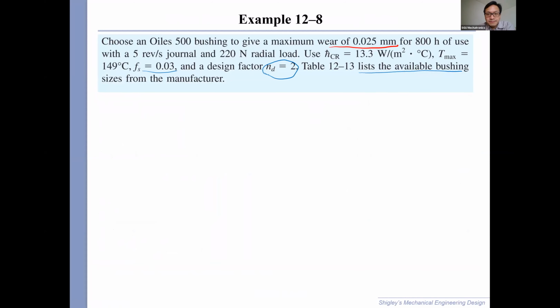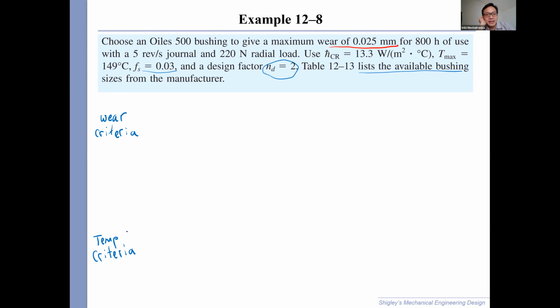So back to the problem, we're going to have two criteria when we select the design of our bushings. We have wear criteria, and then we will have temperature criteria. You ask yourself, what about the Pmax, V, and PV that we calculated in the previous problem?